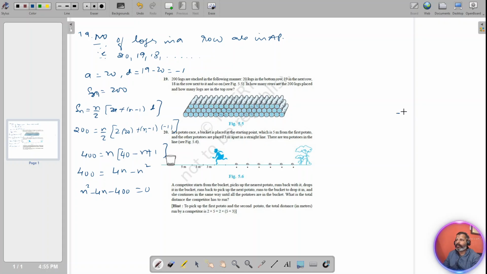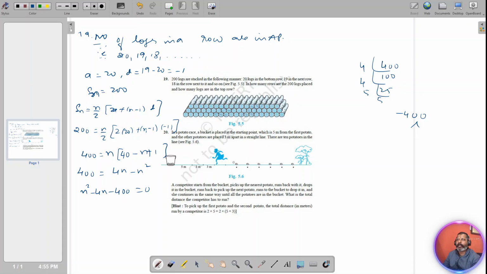You should know how to factorize and solve the quadratic equation. 400, so how much does it become? If you don't know the factors, you calculate like this: 4 into 100, 400, and 4 into 25. So the product should come 400, definitely it will come.